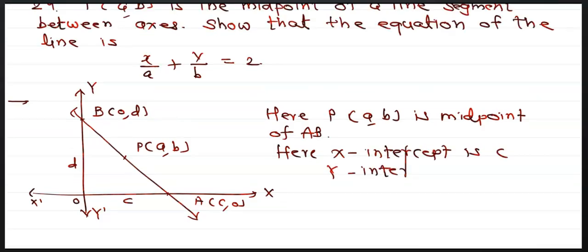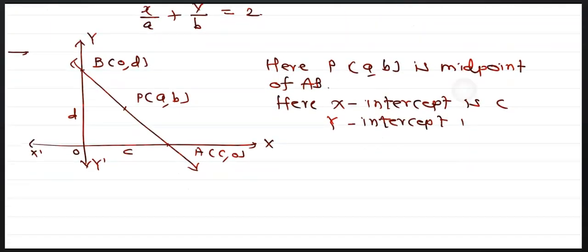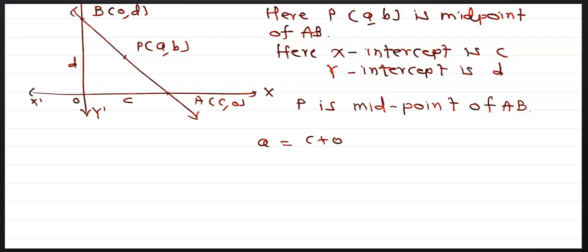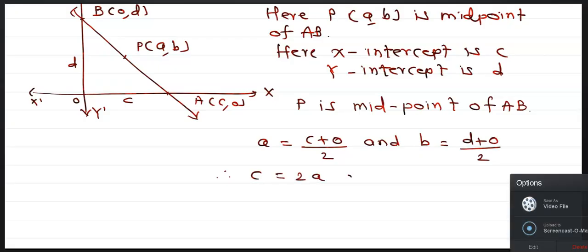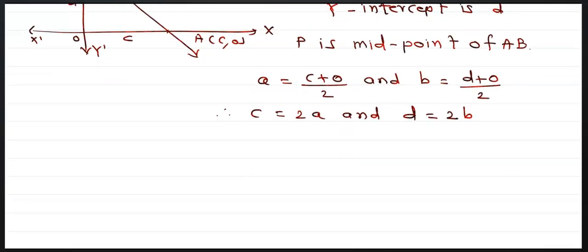Hence, x-intercept is c and y-intercept is d, when the line touches the x and y axis. Therefore, P is the midpoint of AB. Then a equals (c plus 0) upon 2 and b equals (d plus 0) upon 2. Therefore, c equals 2a, d equals 2b.